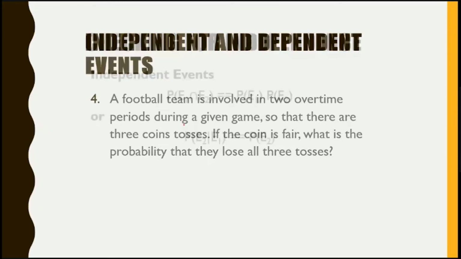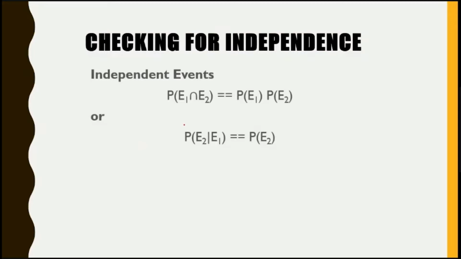And how do we check for independence? If we go back to the definition, the events are independent if the probability of E sub 2 given E sub 1 is equal to the probability of E sub 2.